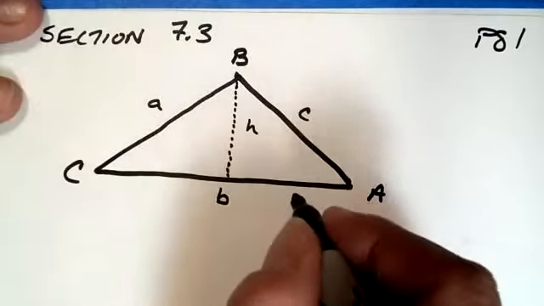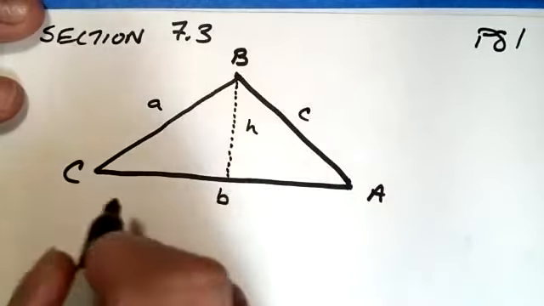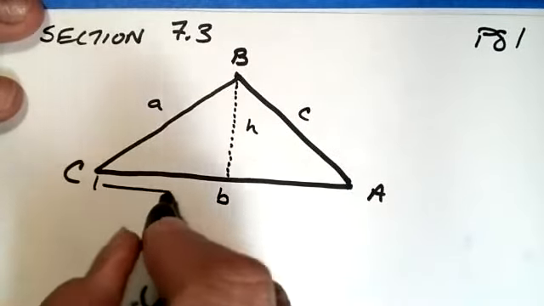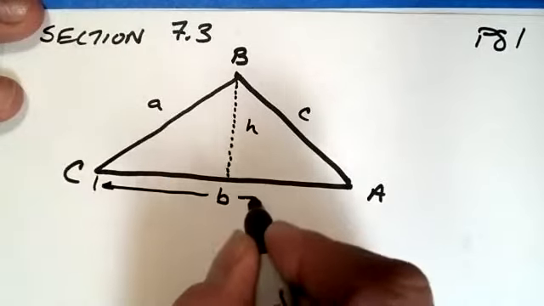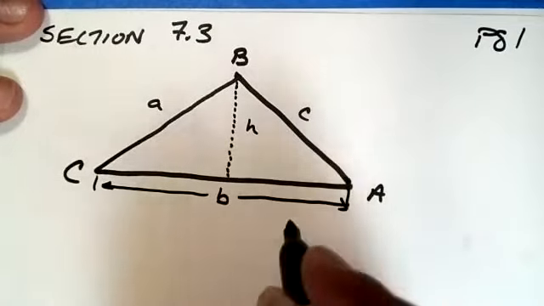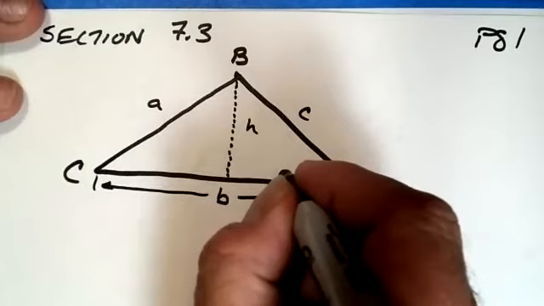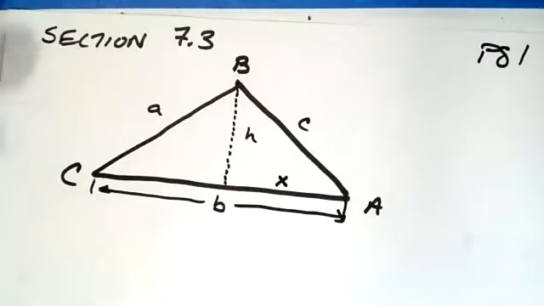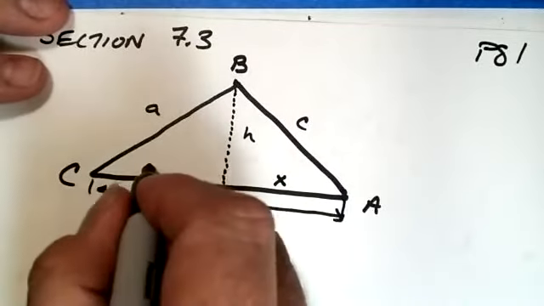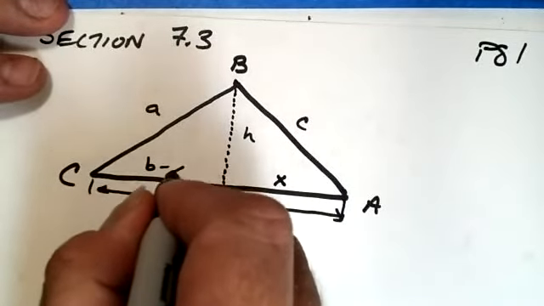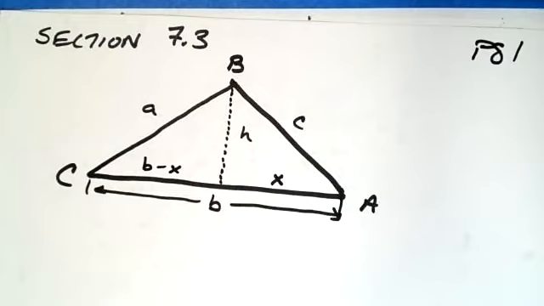And it's a very similar sort of derivation. So the whole length is b, right? But I'm going to break this up into x over here. And on this side, then, this will be b minus x.